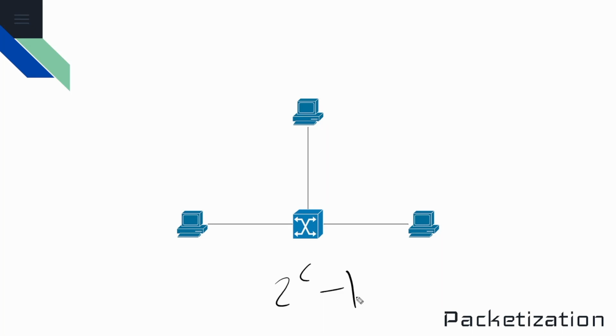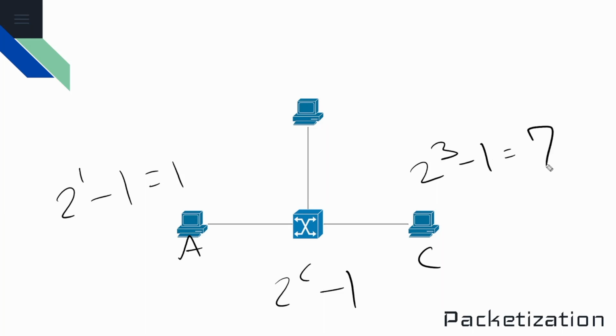So if we have host A, for example, and they have attempted to send that frame only once, this would be 2 to the power of 1 minus 1, which equals 1. Whereas if we have host C over here, and maybe this is their third attempt at trying to transmit this frame, it'll be 2 to the power of 3 minus 1, which equals 7.